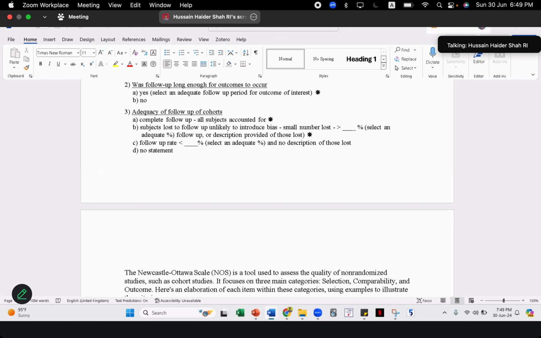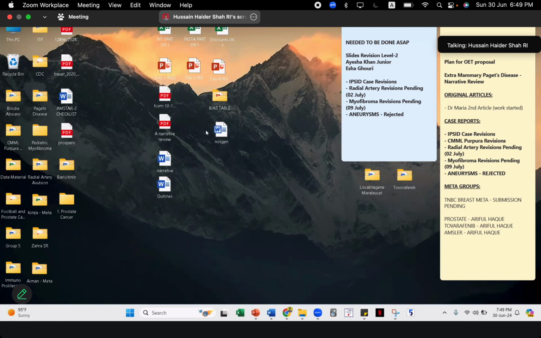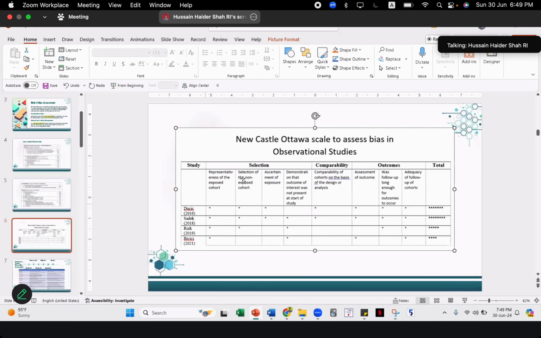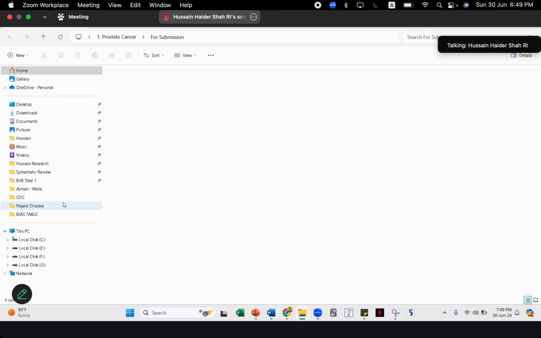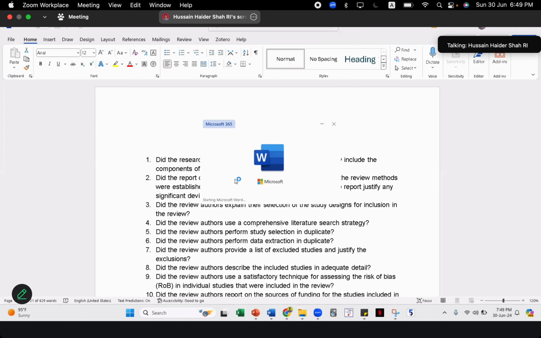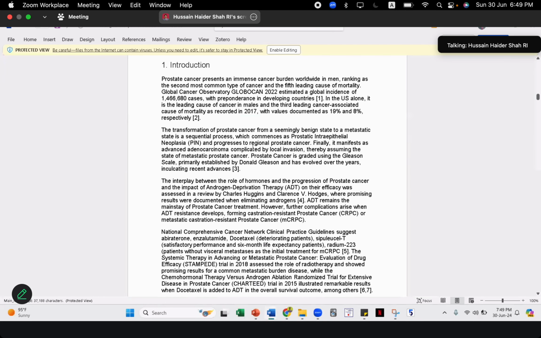And what you do is, you make a Word table. I'll just show you an article which has addressed this. This is a meta-analysis.